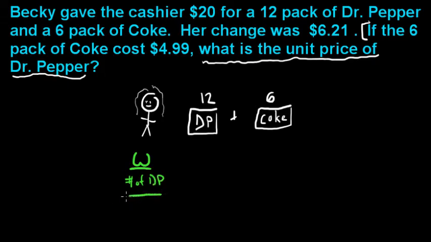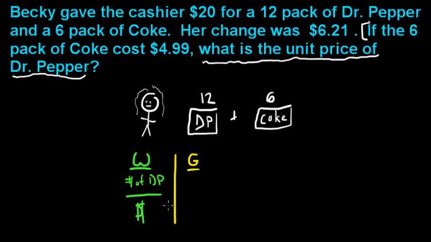So I'm going to draw my little ratio line. So we're going to do a ratio of number of DP to the price. That's what we have to do. You look at the question, guys, and that's going to tell you what you put for your W. Once I've got that, now it's just a matter of filling in what's given and what's unknown. So let's see what we do here.